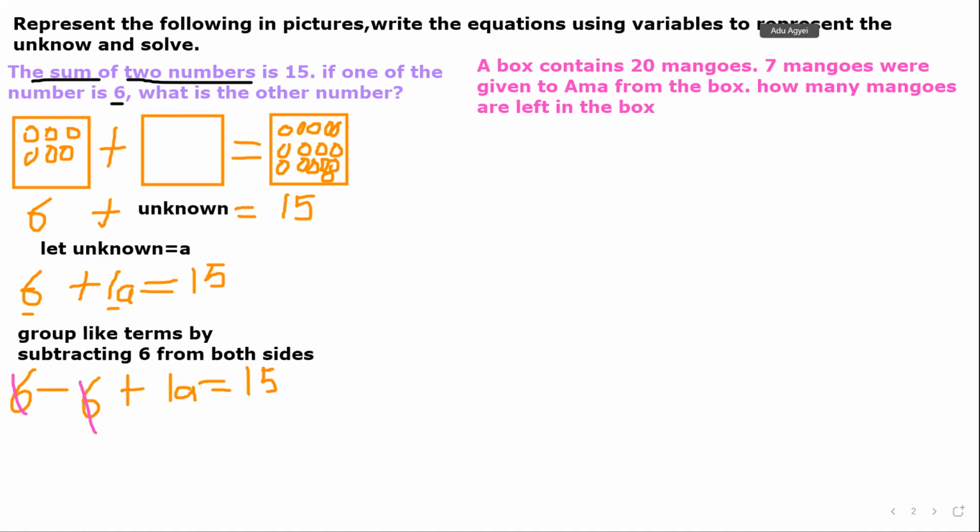Okay, so you have vanished the 6 from that end. And then here remains 1A. So I need to subtract the 6 from the other side too. Okay, good. Now we have 1A here. And then you solve this side.